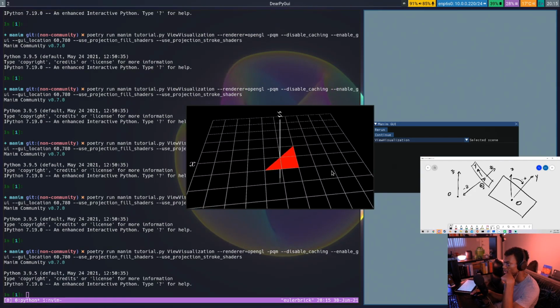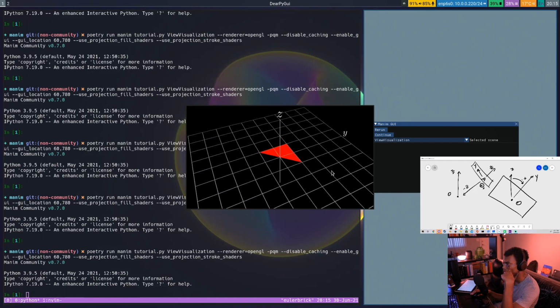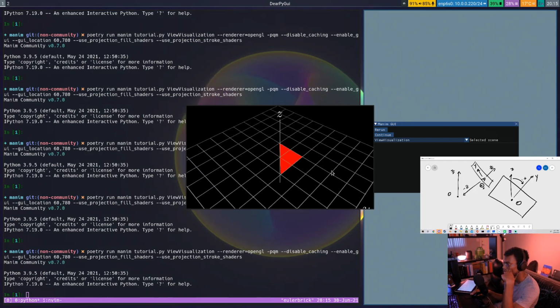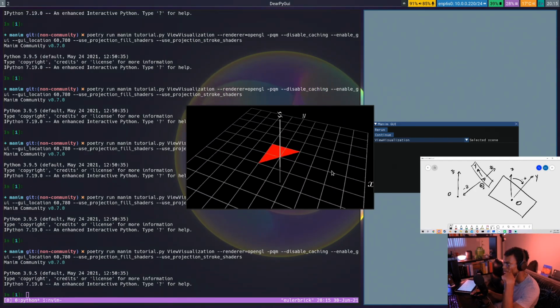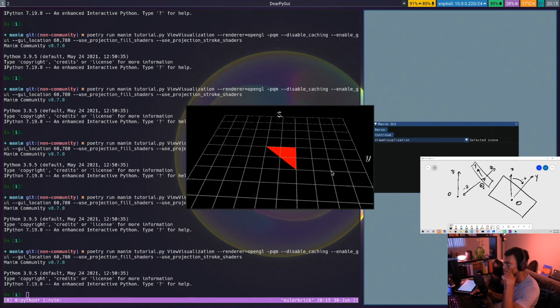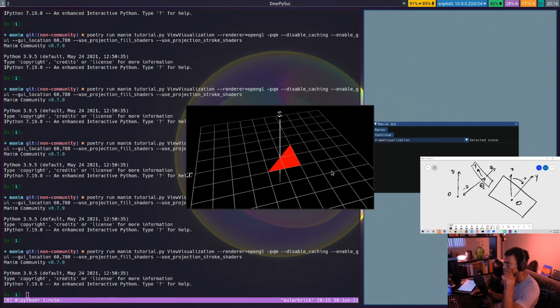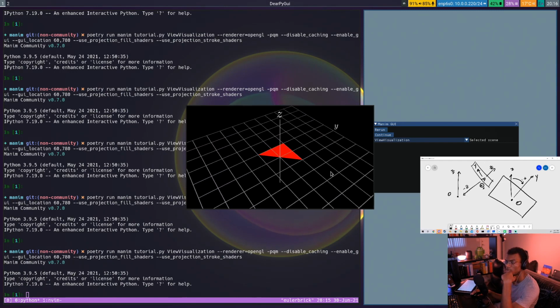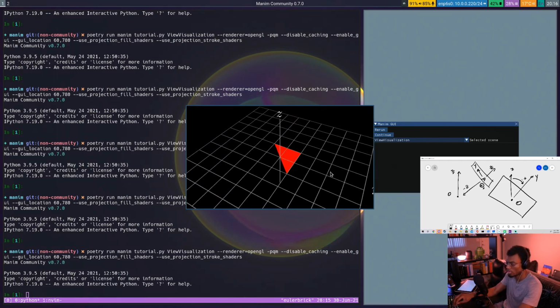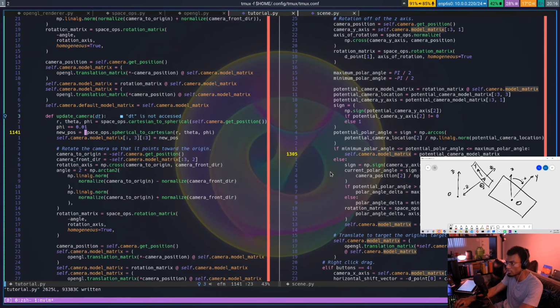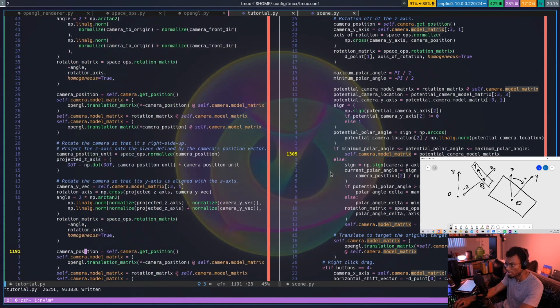And this happens every 180 degrees. Weird. Let me print out the camera's model matrix.